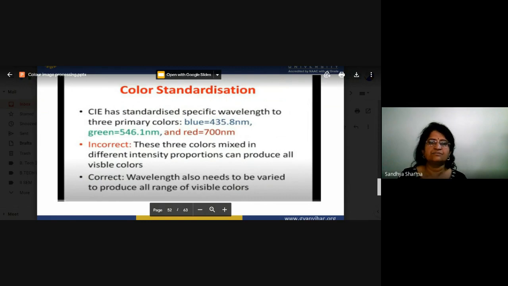These three colors mixed in different intensity proportions can produce all visible colors. Wavelength also needs to be varied to produce the full range of visible colors.